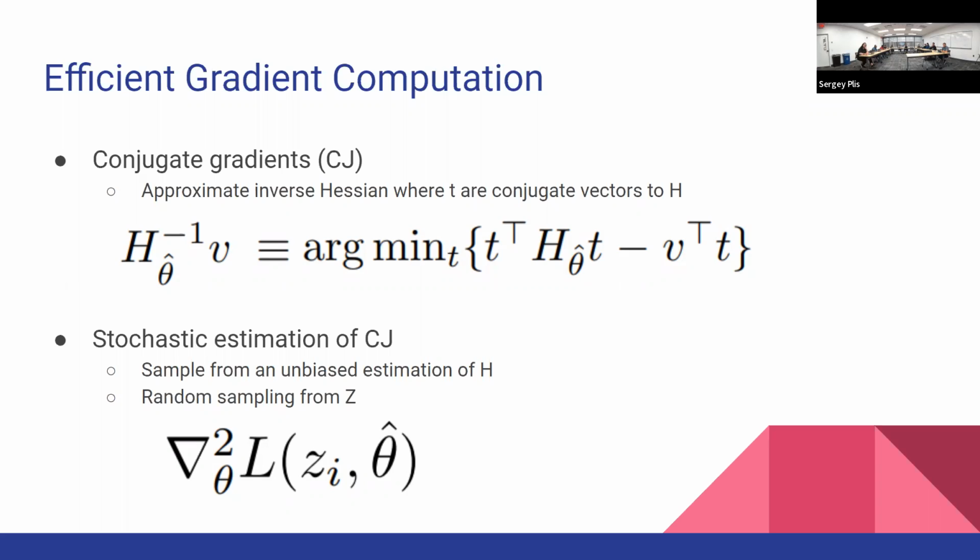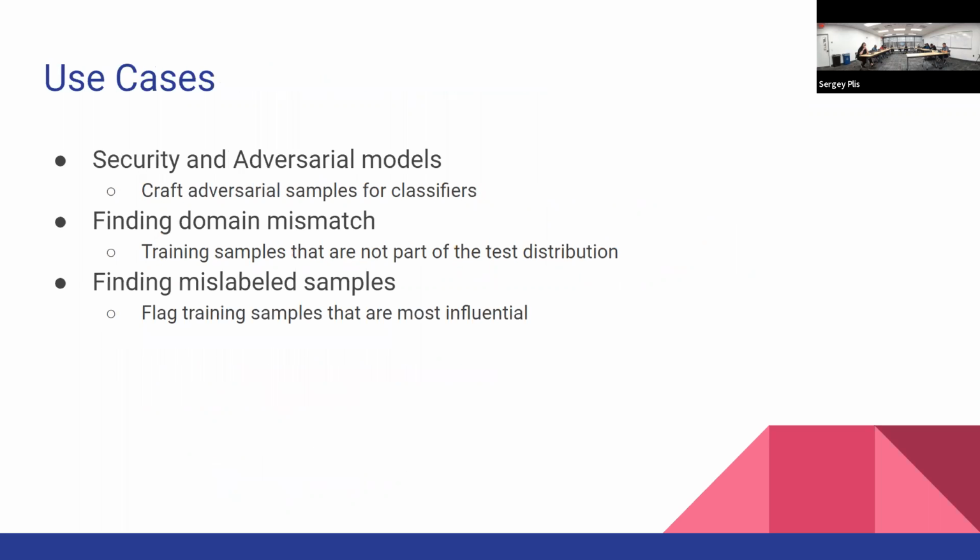Okay, so I think the method itself makes sense. We'll talk about the use cases. This is, I think, where it excels. One of their first, maybe their first important case, is looking at the security of these models. They show that you can develop adversarial samples really easily based on this influence function, and they were highly accurate and effective.